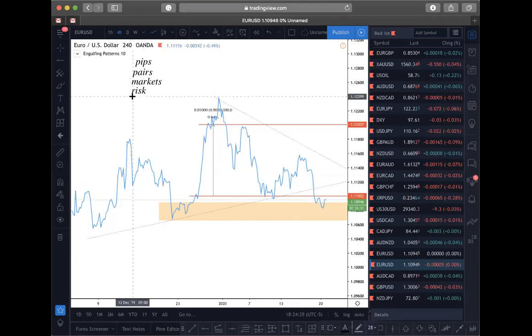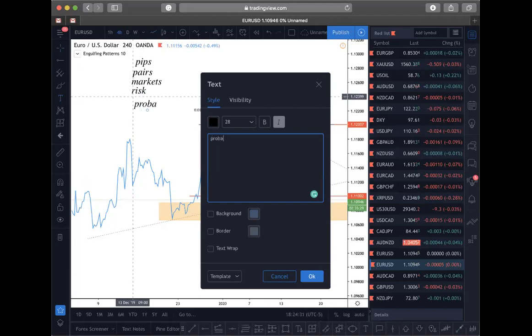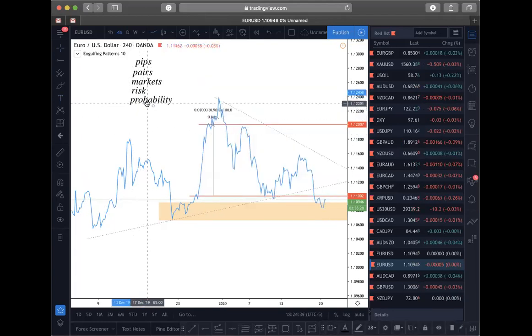And then we have probability, right? Probability meaning when we place trades, it's more of a game of probabilities, right? So you want to find several reasons why this currency pair is going to go in that direction, meaning you want to place high probability trades.